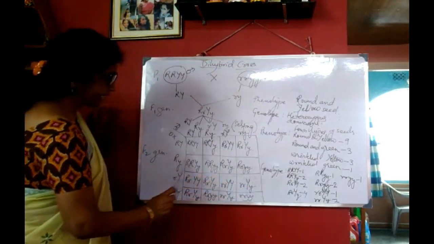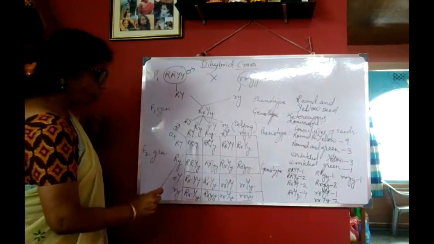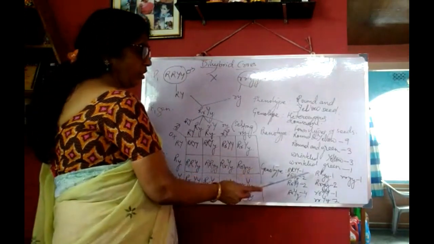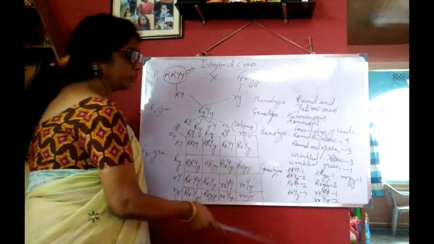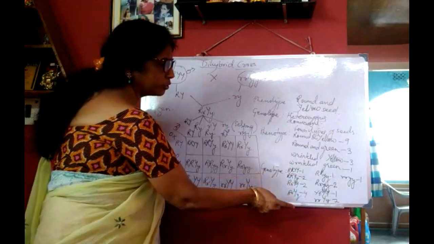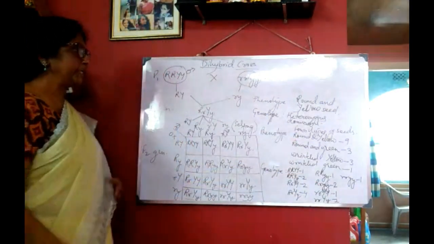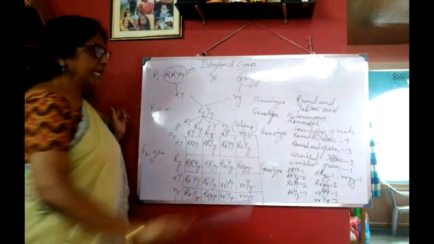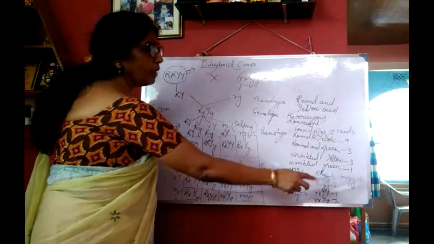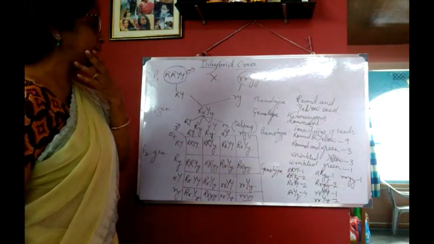Like this, when I have seen all the genotypes, all the genetic constitutions of the offspring in the F2 generation, I got the genotypic ratio as 1:2:2:4:1:2:1:2:1. So this is the genotypic ratio of the F2 generation in a dihybrid cross, though this is not in your syllabus.